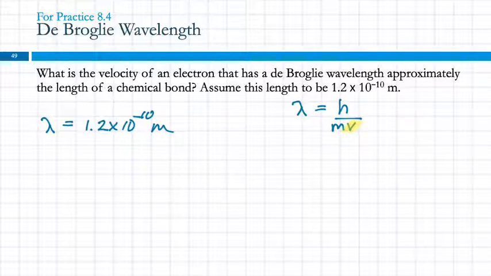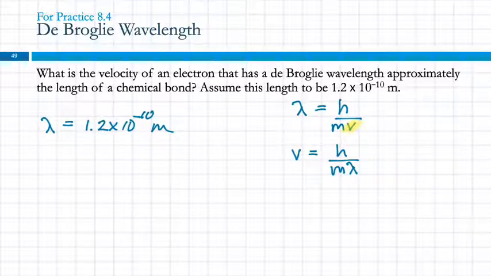This equation has fractions in it, so be careful. I still see people messing up the rearranging of this. So rearranging this, we get v is equal to h over m lambda. And if you need help with the algebra there, I'd be happy to help you outside of lecture.